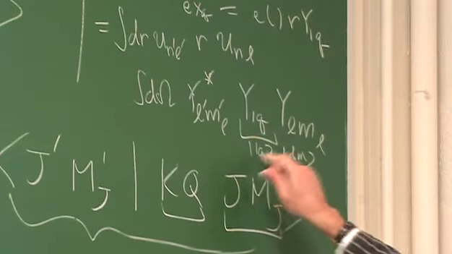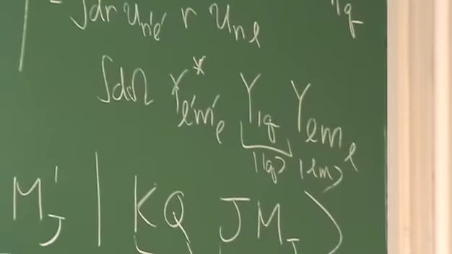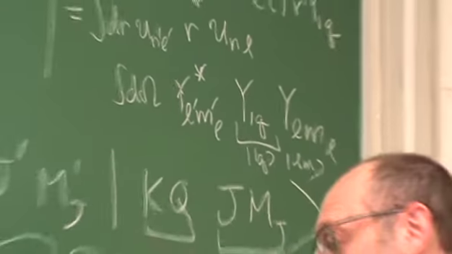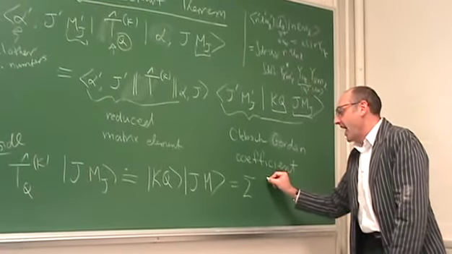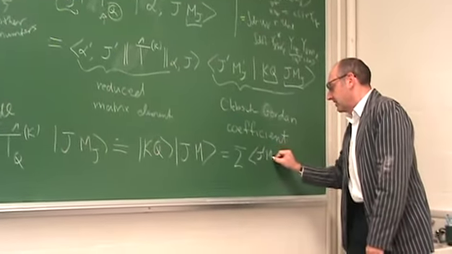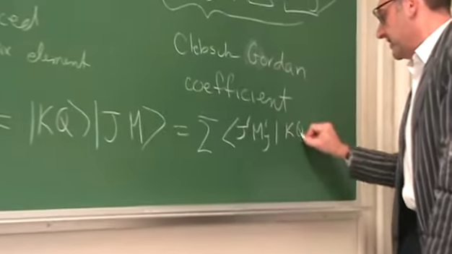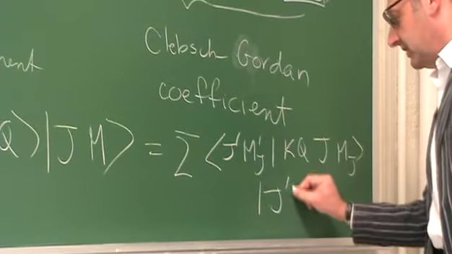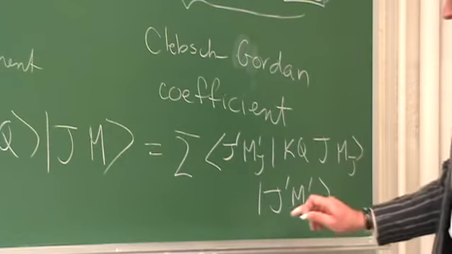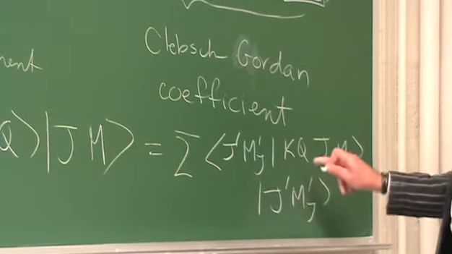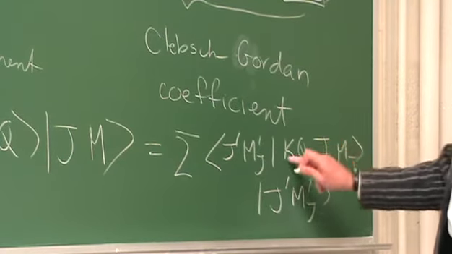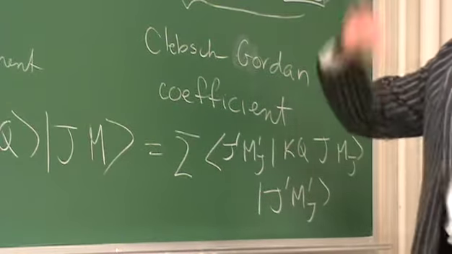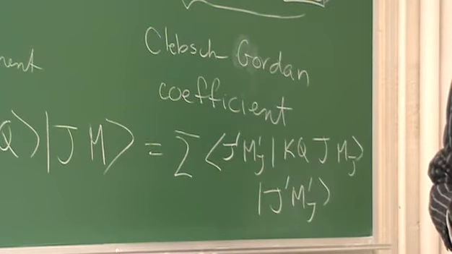And when we have the product of two angular momenta, that product can be written according to the Clebsch-Gordan expansion as Clebsch-Gordan coefficients times sum total, where J prime here goes between K minus J and K plus J, and then N prime goes from minus J prime to plus J prime.